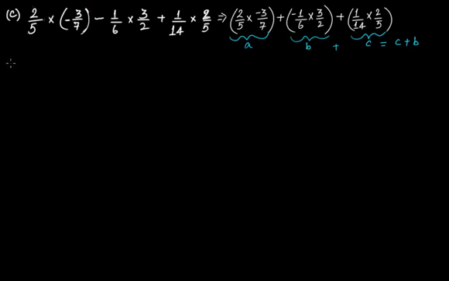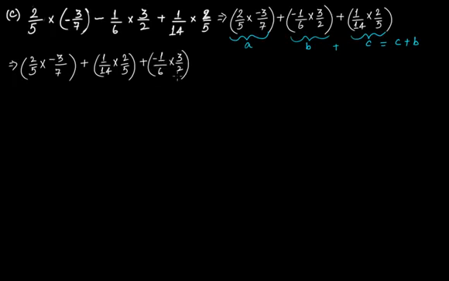Therefore, if I apply this commutative property of addition of rational numbers, this becomes 2 over 5 times minus 3 over 7 plus 1 over 14 times 2 over 5 plus minus 1 over 6 times 3 over 2.